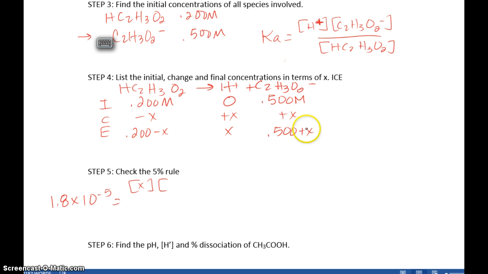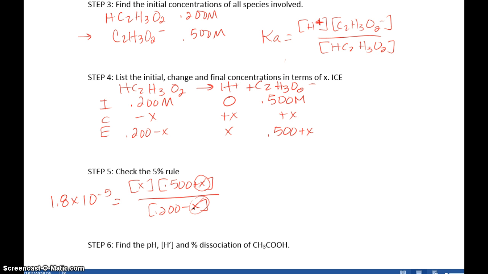I need to substitute in here, so I have 0.500 plus x, and on my denominator I have 0.200 minus x. Still, we're not interested in quadratics, so we can get rid of this x because nothing's being added or subtracted to it. We can get rid of both of those x's.